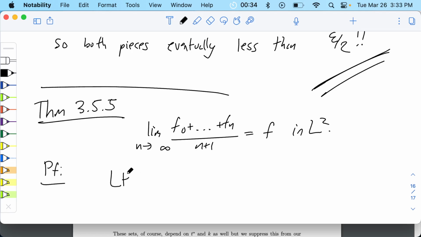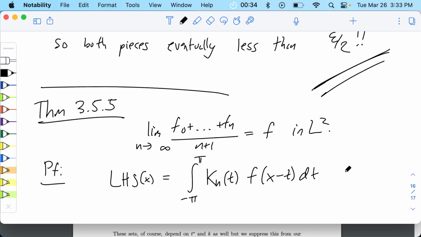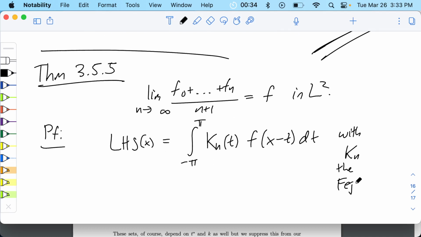The left-hand side, as a function of x, is equal to the integral from minus pi to pi of kn of t times f of x minus t dt, with kn the Fejer kernel, that's the thing we've been working on. That's what we showed, that's how we started.